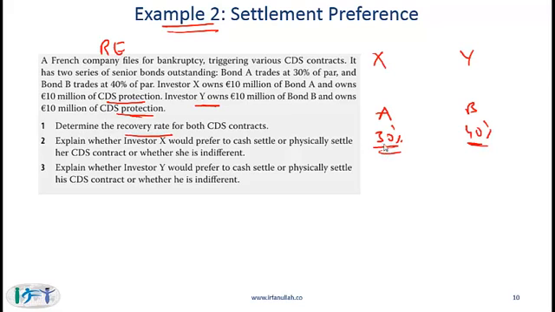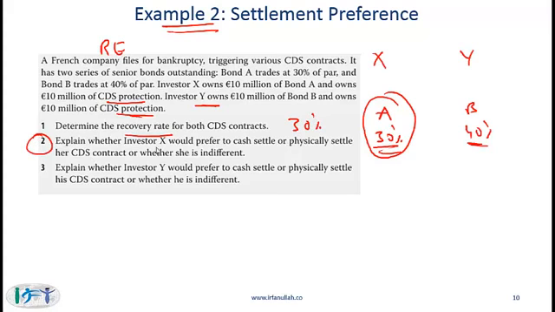Also note that A will be the cheaper to deliver. Between the two, A is cheaper to deliver. So this is the bond that we are concerned with. The recovery rate then for both is going to be 30%.